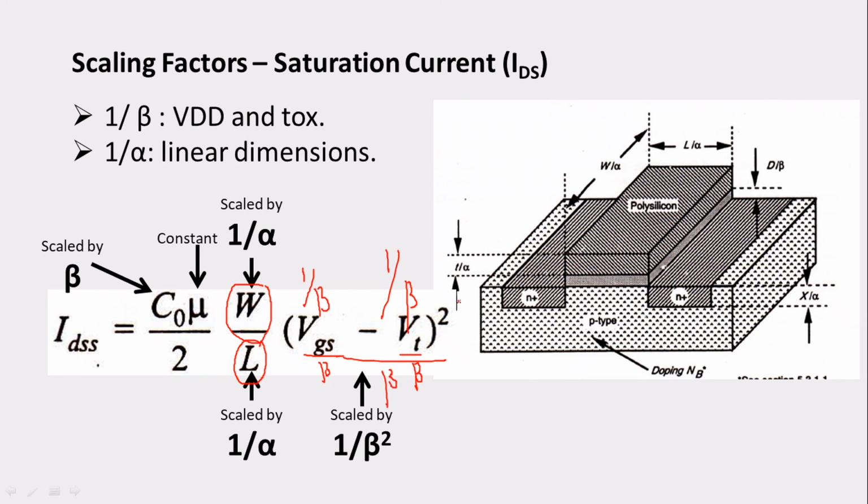Since it is a whole square, the scale down factor will be 1 by beta square. Now the 1 by alpha and 1 by alpha cancel, and one beta is also gone. Finally we are left with 1 by beta. So the scaling factor of saturation current is 1 by beta.